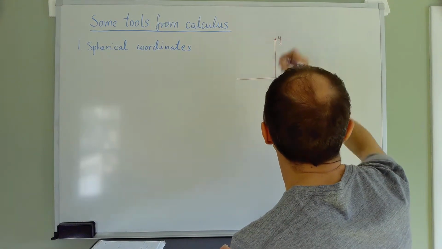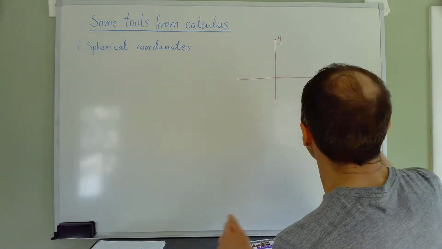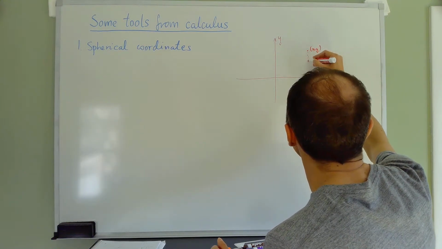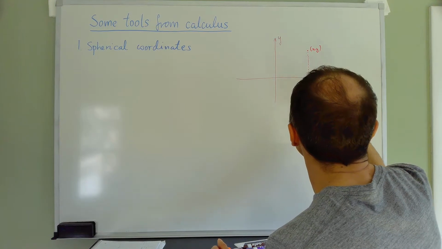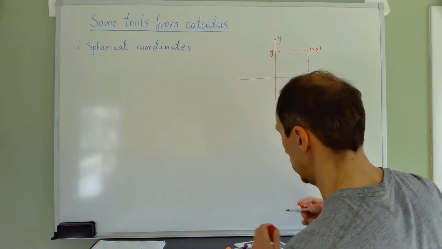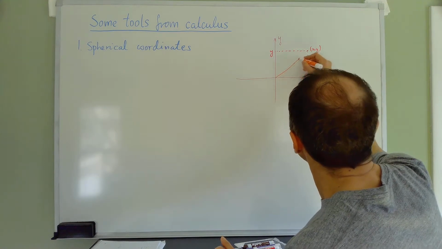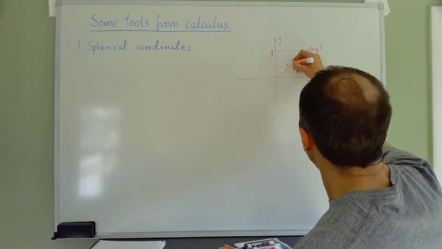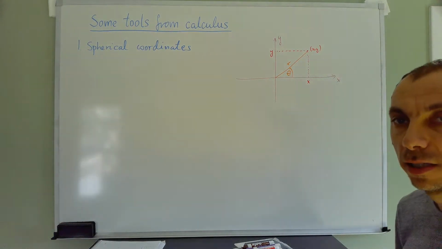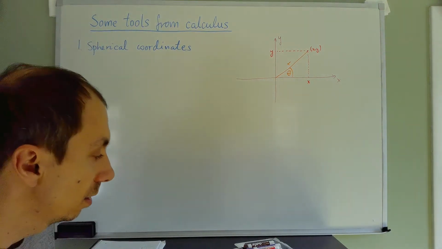X, Y are the two axes, and then if we take a point somewhere with coordinates x, y, this is the x coordinate and this is the y coordinate, then the polar coordinates are given by the distance of that point from the origin and the angle that the ray connecting the origin with the point forms with the x-axis.